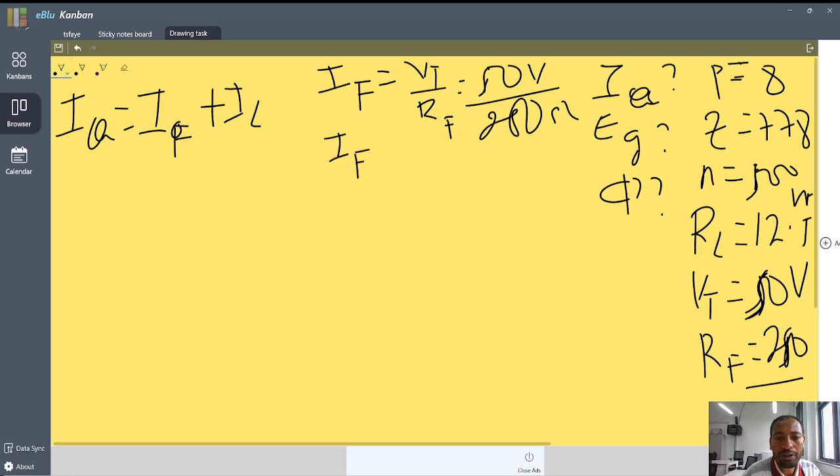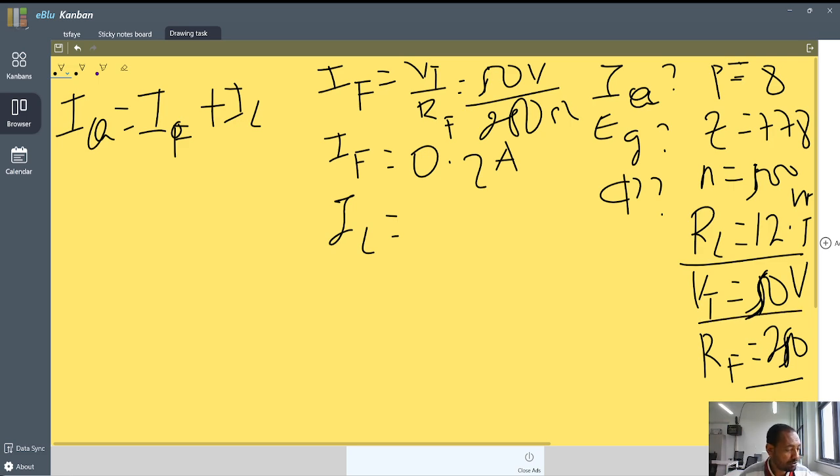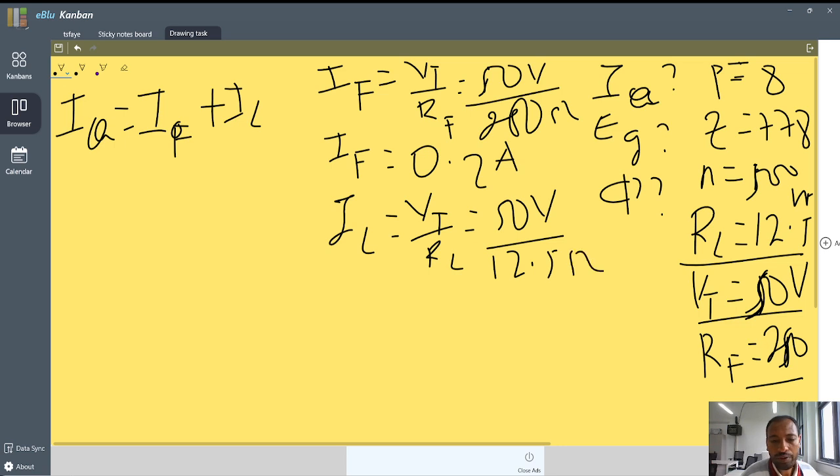So IF will be 0.2 amp. Similarly, IL, the load current. We know the load resistance and the terminal voltage, so we can get it from these two. So VT divided by RL simply. VT is 50 volt again, RL is 12.5 ohm. Therefore, IL is going to be 4 amp.